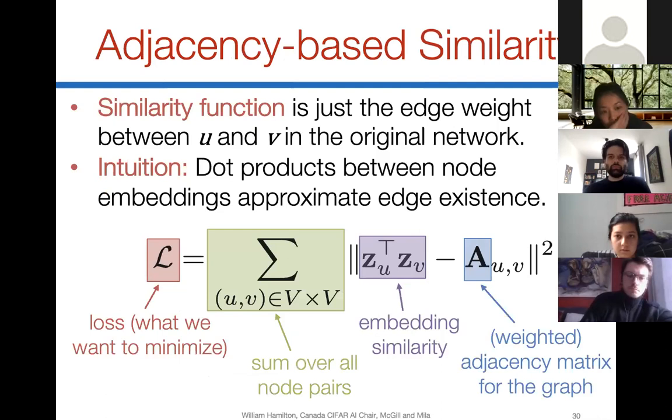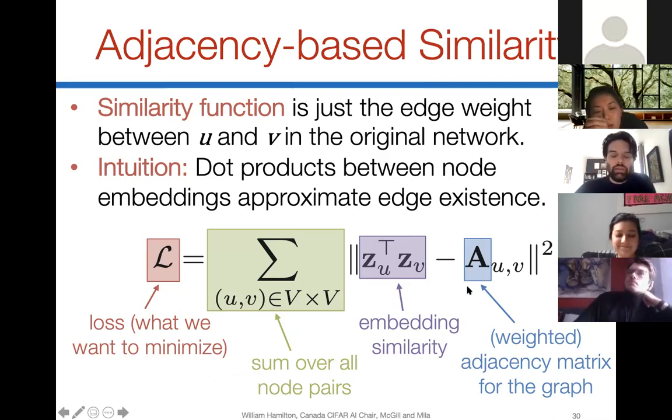Okay, so first off, let's think about what we call adjacency-based similarity. Here, the similarity function, what we're trying to approximate, is the edge or the edge weight between two nodes in the original graph. Let's imagine that we have our adjacency matrix.